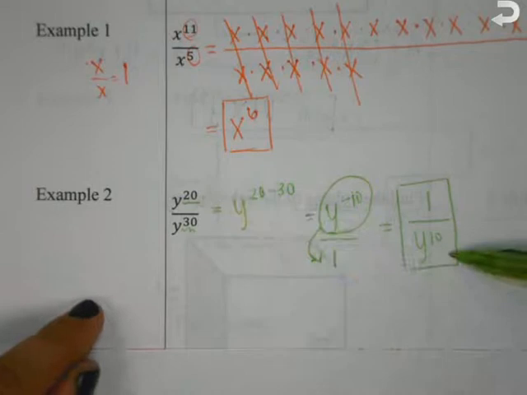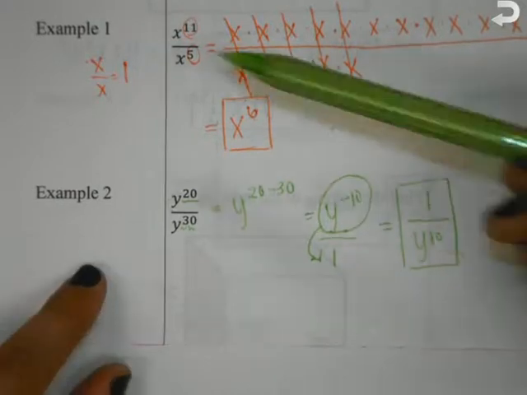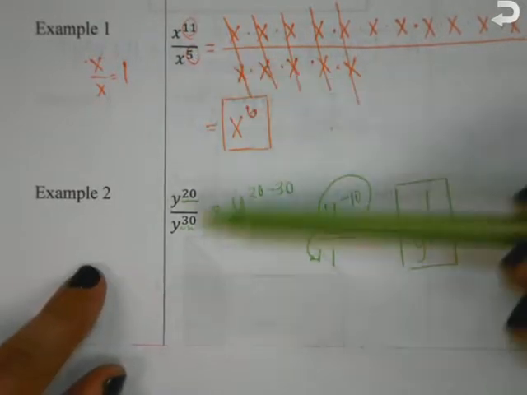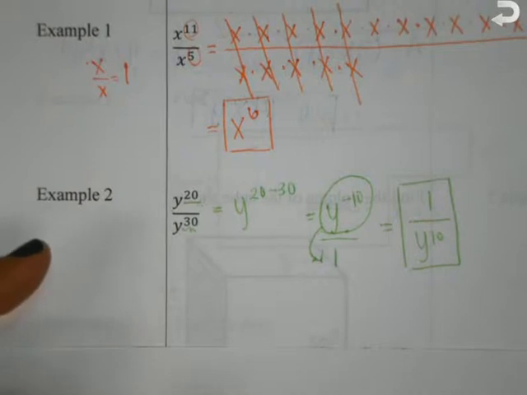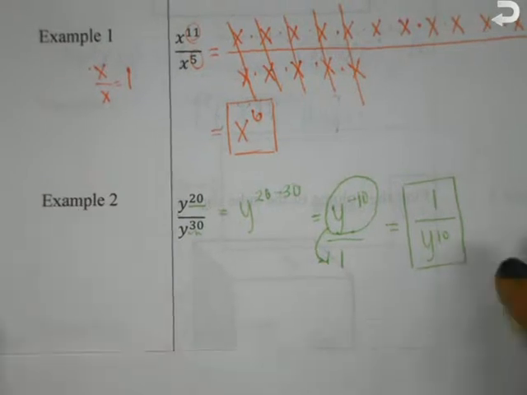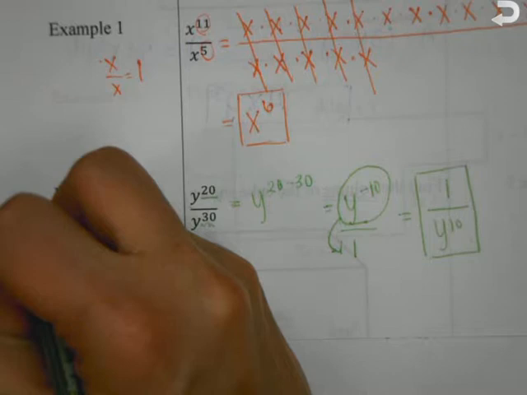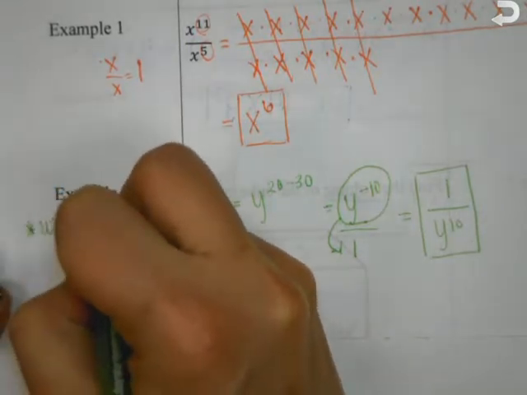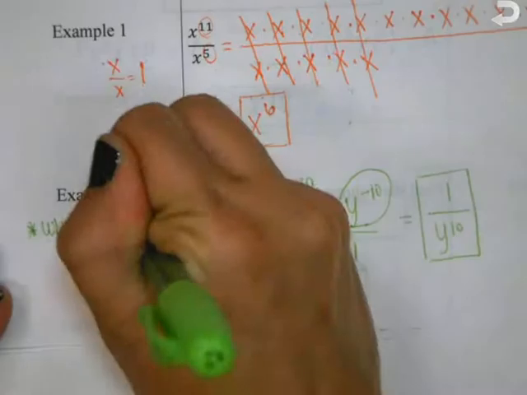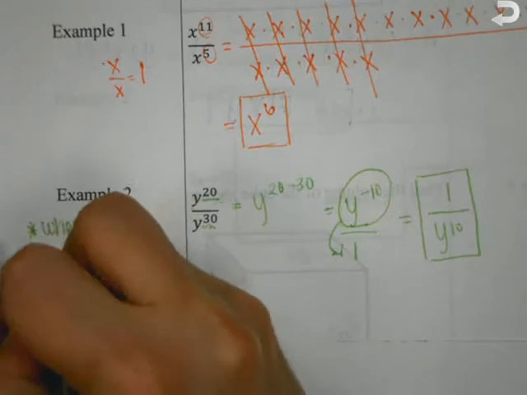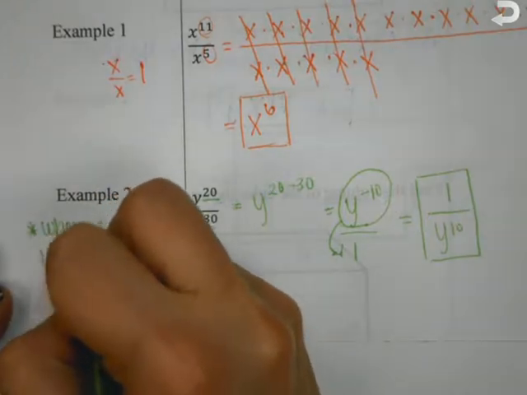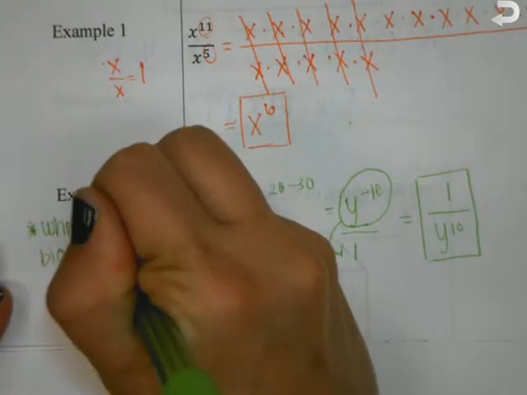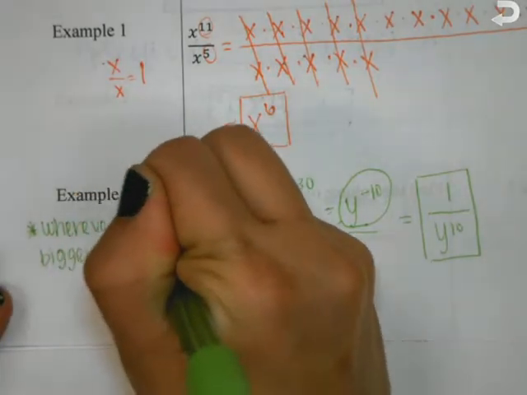So, wherever my bigger exponent is, that's where my answer is going to end up. Does that make sense? Okay, let's write a little note right underneath example 2. Wherever the bigger exponent is, that's where the answer goes.